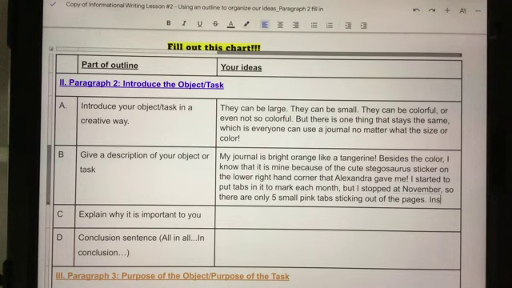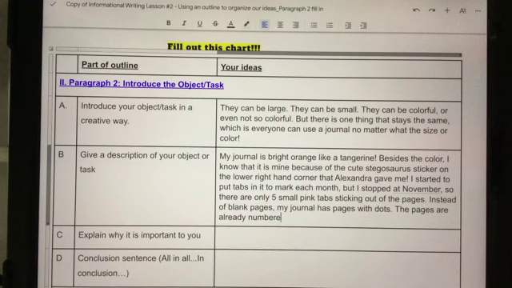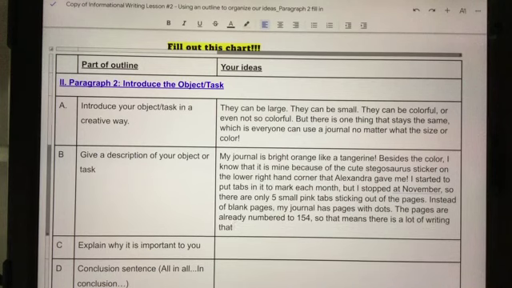Instead of blank pages, comma, my journal has pages with dots. Period. The pages are already numbered to 154, comma, so that means there is a lot of writing that can occur. Exclamation point.